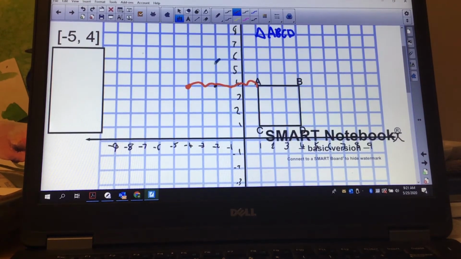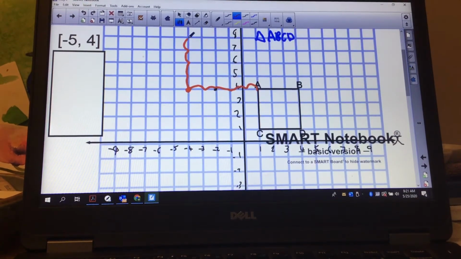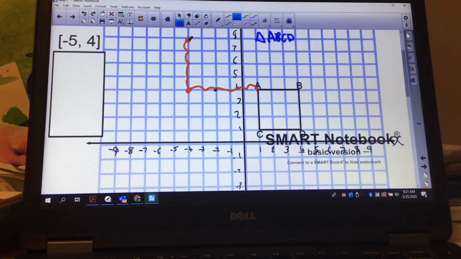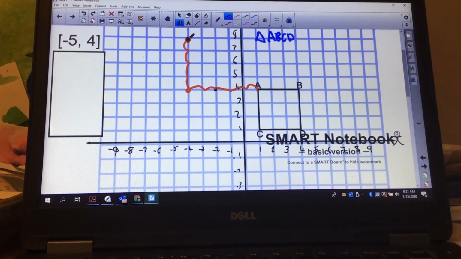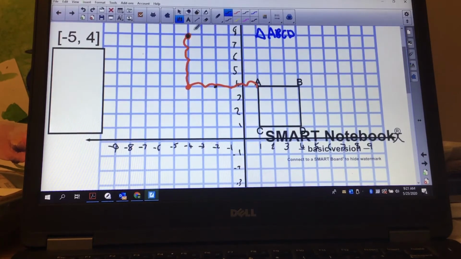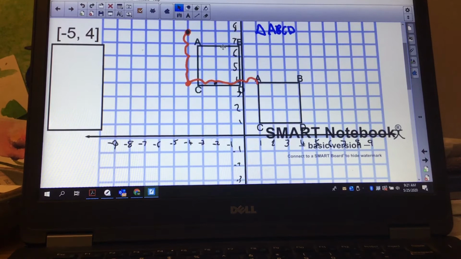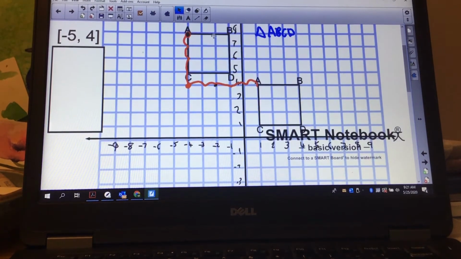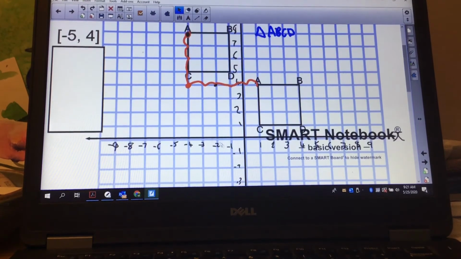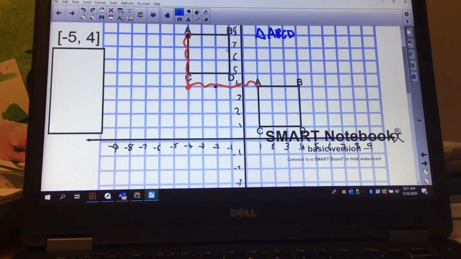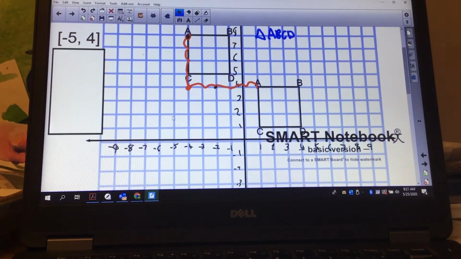And then it's going to go up 4. 1, 2, 3, 4. So my new position for A is going to be right there. And all of them are going to move the same way. So your shape is going to move to this point right here. Okay, so my new point for A is -4, 8.